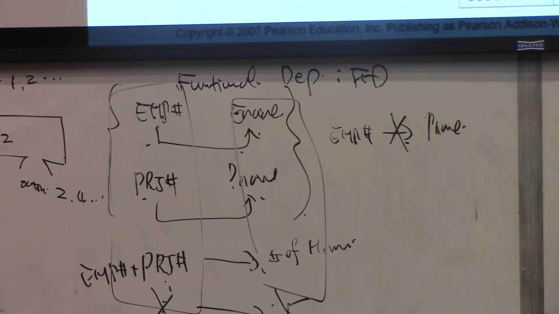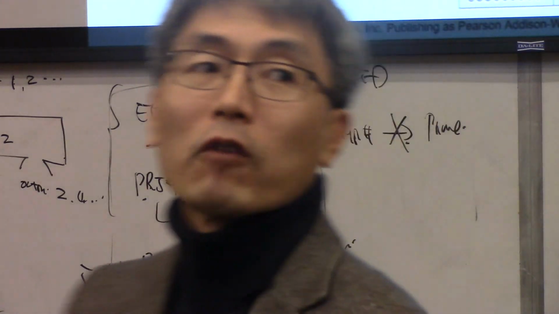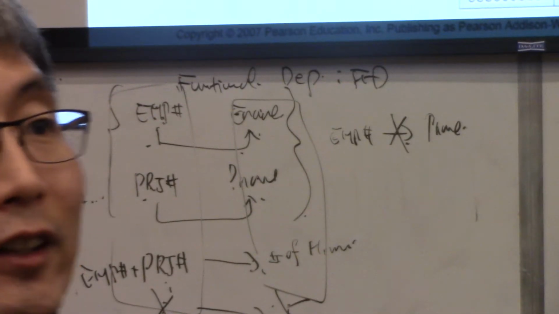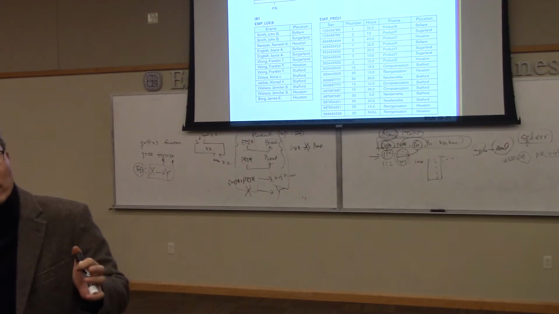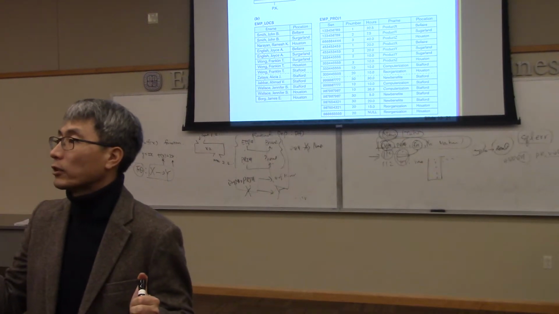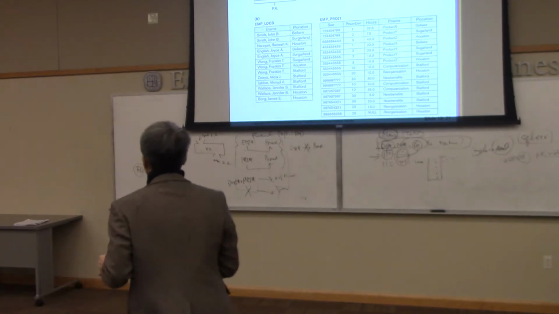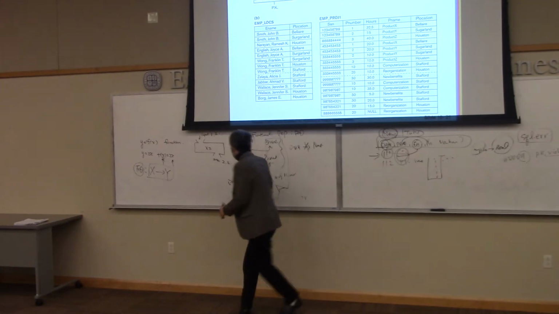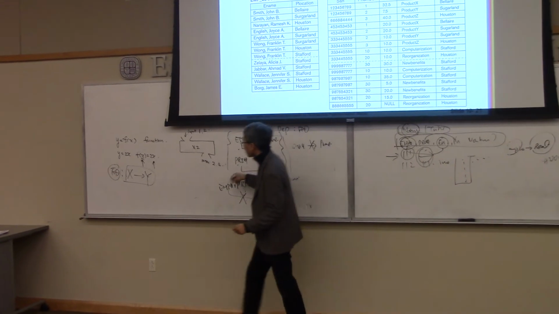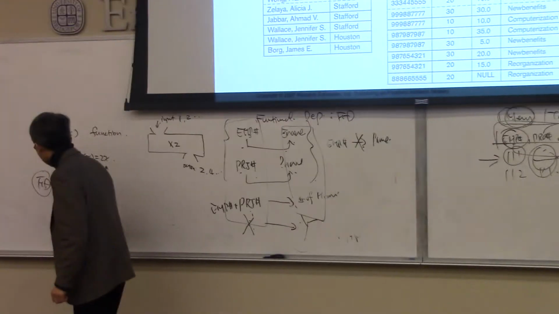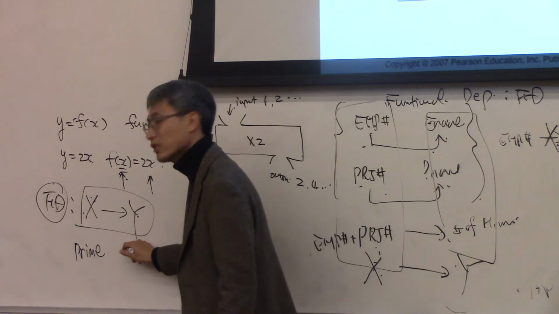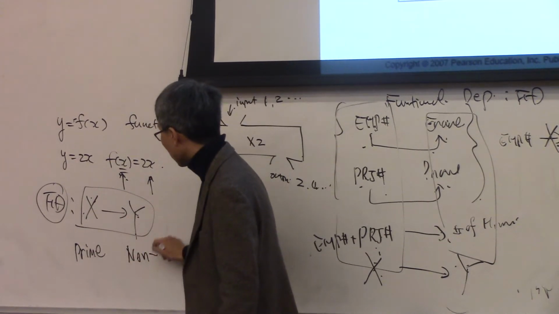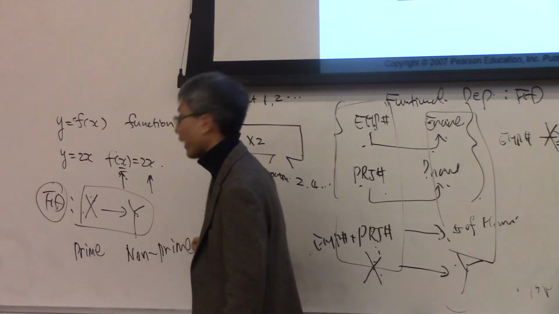So what is a functional dependency? Functional dependency, we'd like to find a set of the attribute that determine another set of the attribute. So at this time, any attribute belongs to the left-hand side X is a prime attribute. And this one is non-prime attribute.